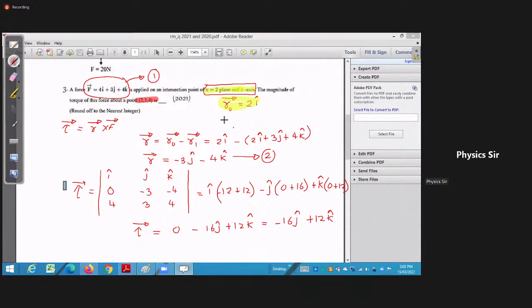So how can I take a subtraction? I know this R will be 2i cap plus 3j cap plus 4k cap. तो मैंने दोनों का difference ले लिया to calculate a perpendicular distance. Now I hope you have understood. Understood पक्का? No doubt? कुछ भी confusion नहीं है?